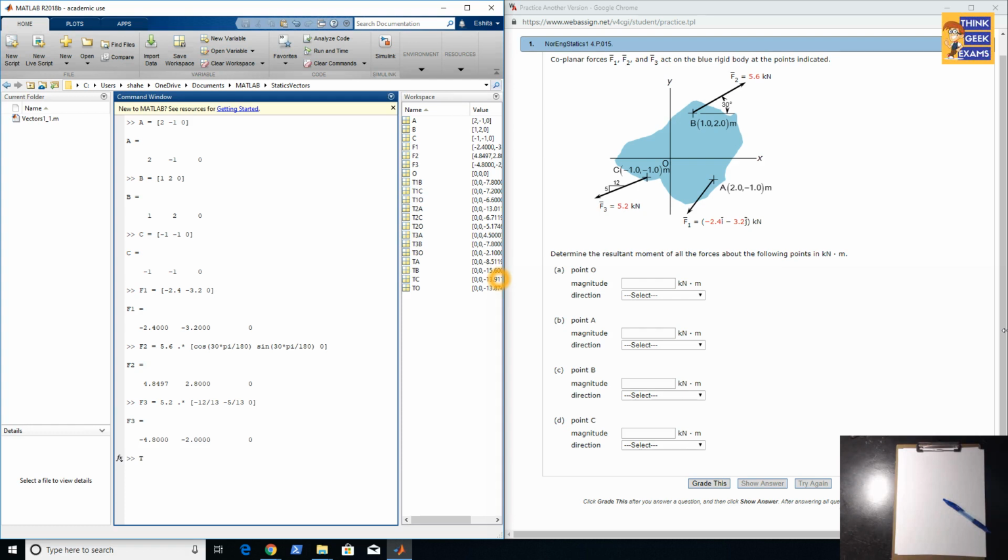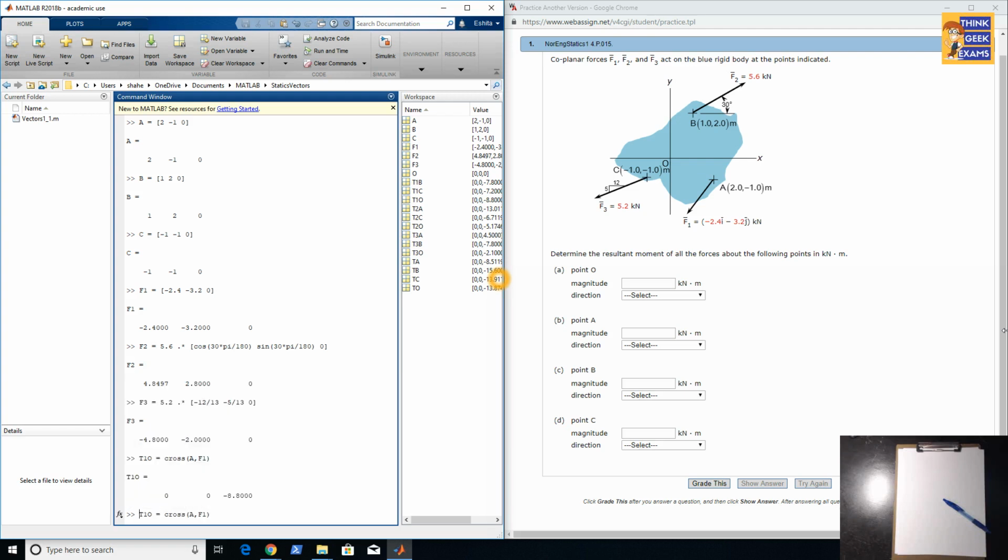Now to calculate our tau vectors. So first we're going to calculate tau, the moment for the F1 around O. So that's going to be T10, and the way we do that is cross between A and F1, and that should give us the first step.